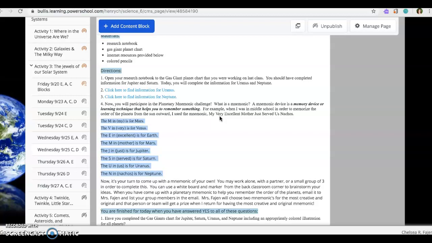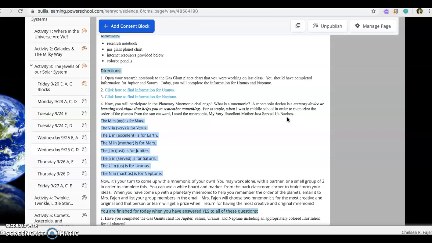The V would be Venus. The E is Earth and excellent. The M in mother is for Mars. The J in just is for Jupiter. The S in served is for Saturn. The U in us is for Uranus. And then the N is for Neptune.